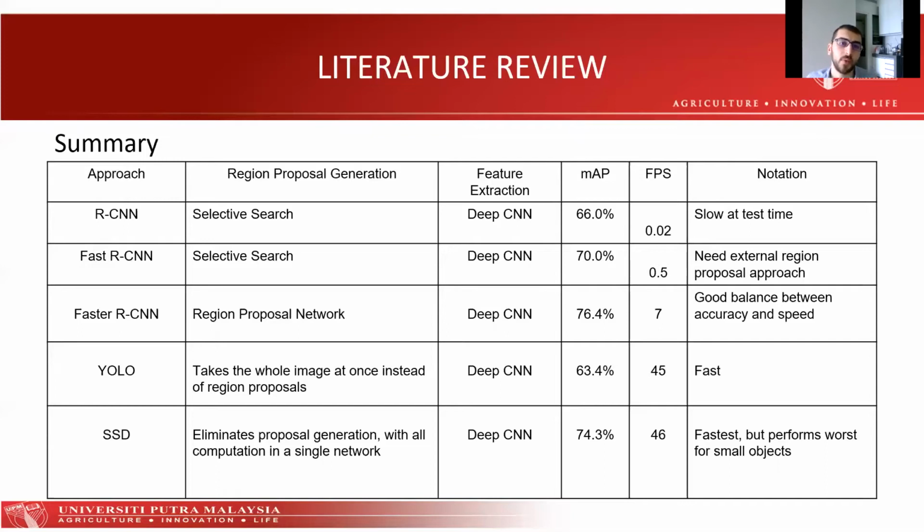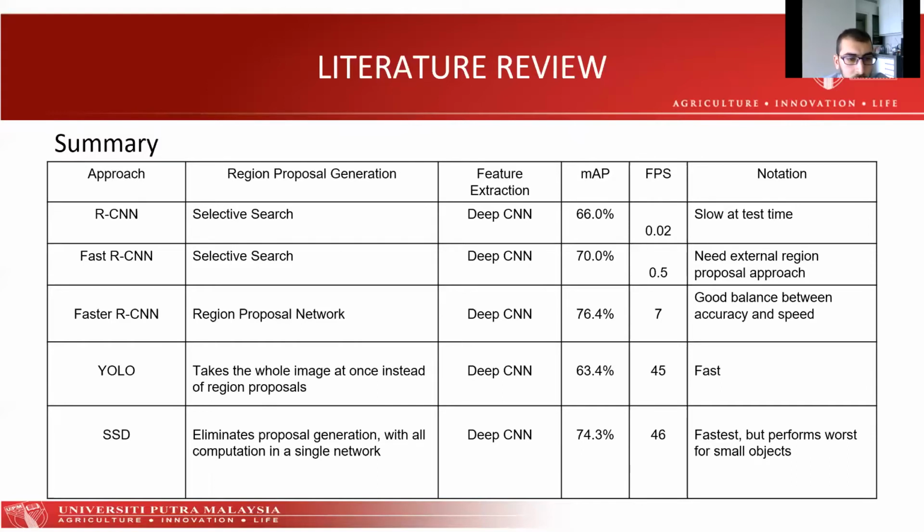And the original proposal generation for these approaches was selective search for both RCNN and Fast RCNN. Region proposal network was with the Faster RCNN. YOLO takes the whole image and processes it instead of region proposals.